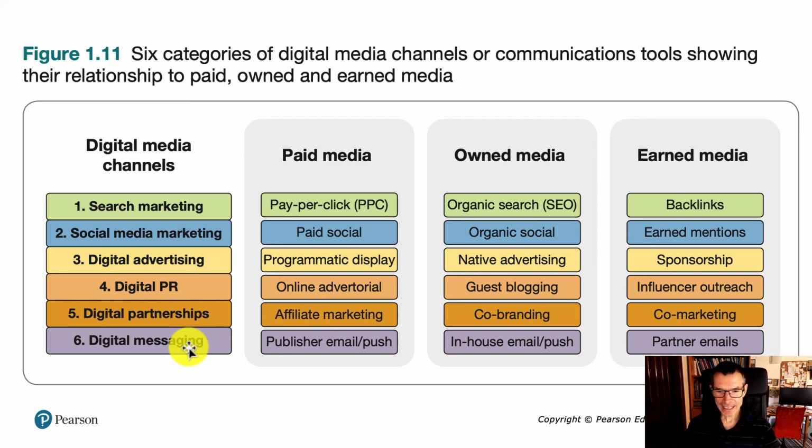So you can pay to work with a publisher again to send out co-branded emails. The most common form of email marketing and marketing automation is with in-house emails, where we get permission from our audience to opt in to send emails through a newsletter, or more promotional solus emails, single emails going out with offers. And then finally there's the partner emails.